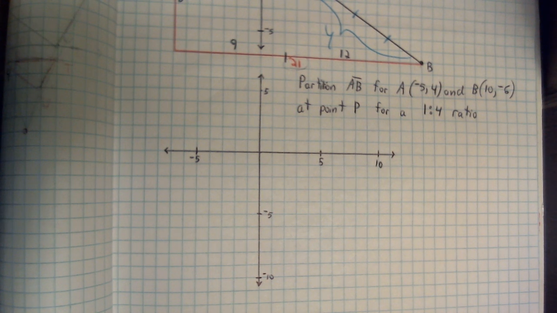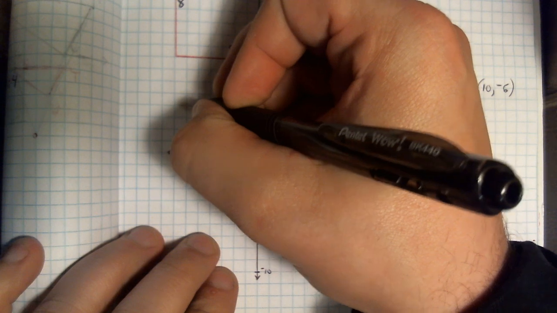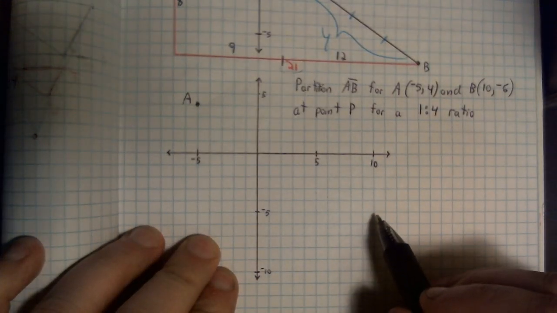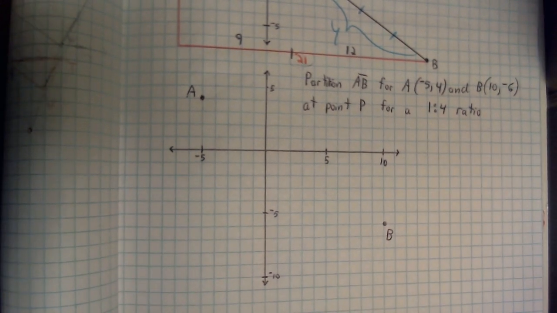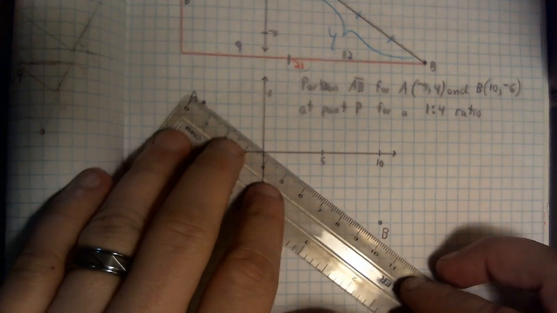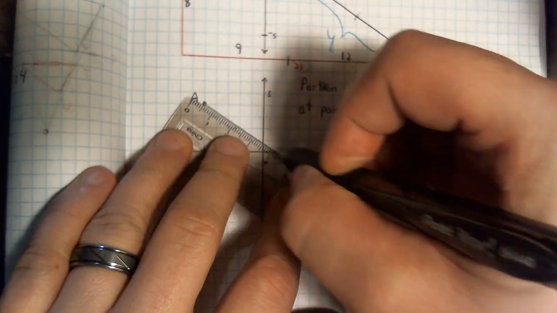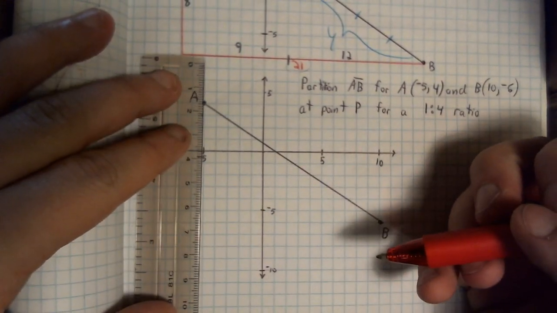First thing we're going to have to do is plot points A and B. So A is at -5, 4, and B is at 10, -6. I'm going to connect my points. And then I'm going to real quickly draw in the triangle.